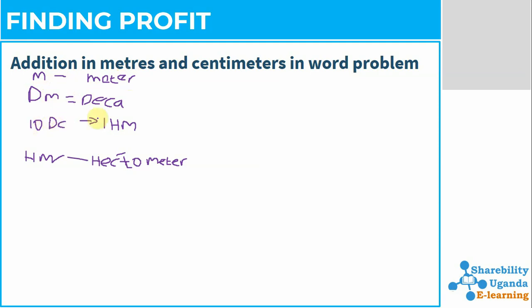Then they are telling us that 10 decameters is equal to 1 hectometer. Then after a hectometer, we come to a kilometer.